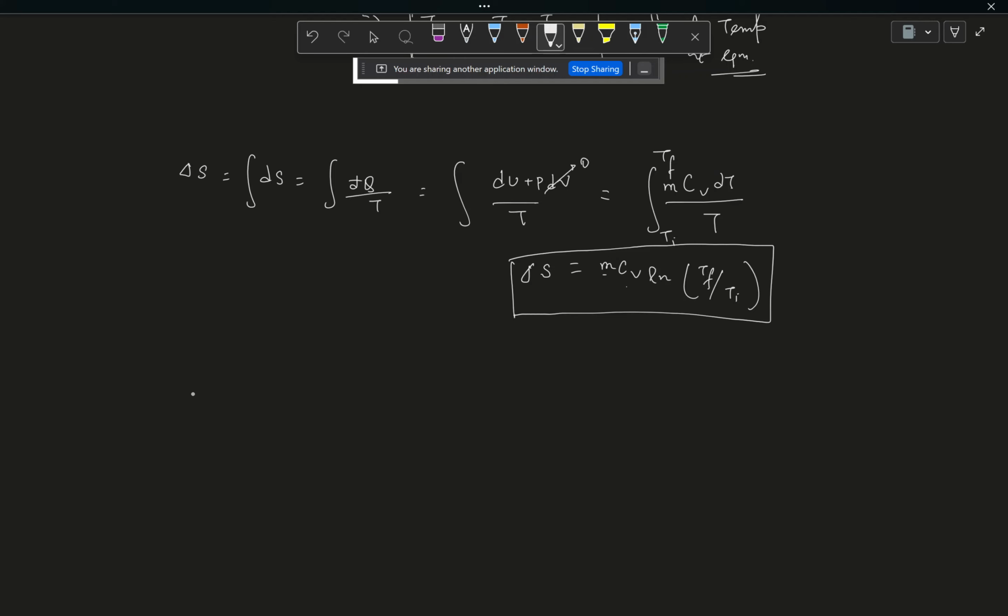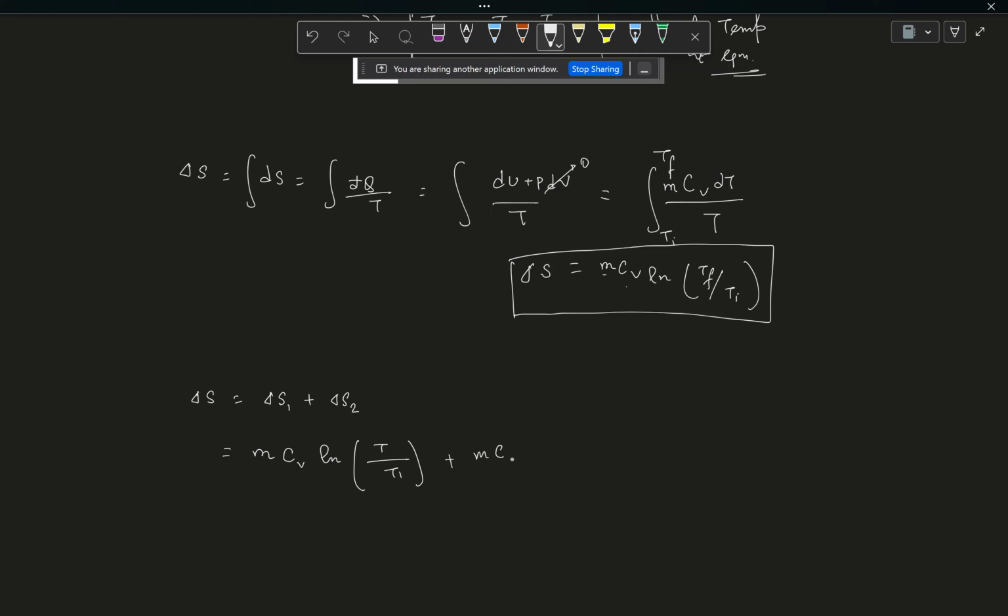So by following that, your total change in entropy in the problem, delta S, will be delta S1 plus delta S2, the change in entropy for body 1 and the change in entropy of body 2. Because m1 equals m2 equals m, this is just m times Cv. Cv is also common for both of them. Then ln, for the first body, the final temperature is the equilibrium temperature T and the initial temperature is T1.